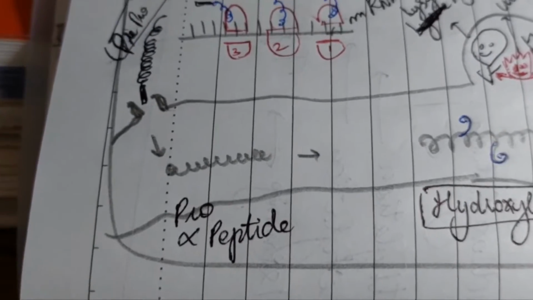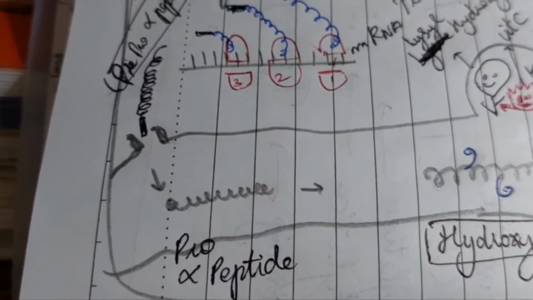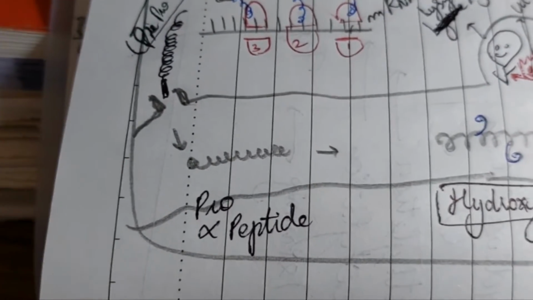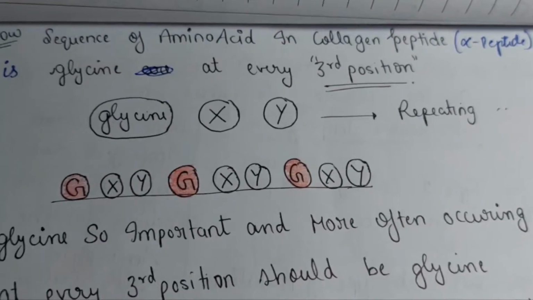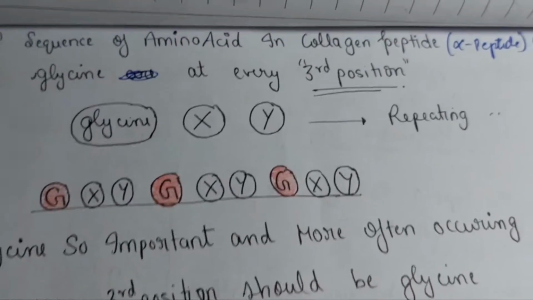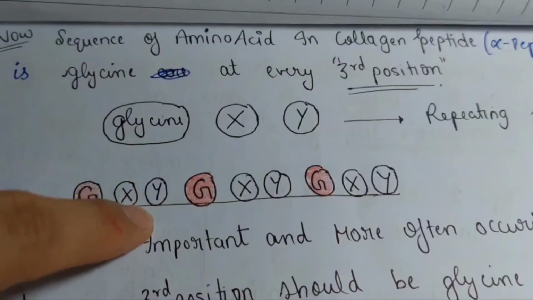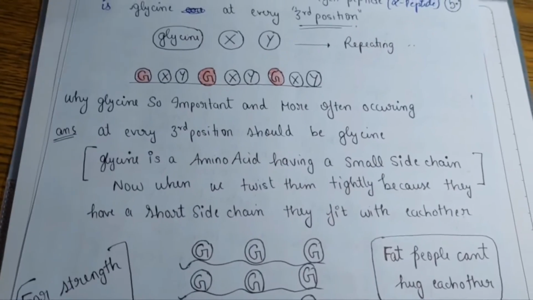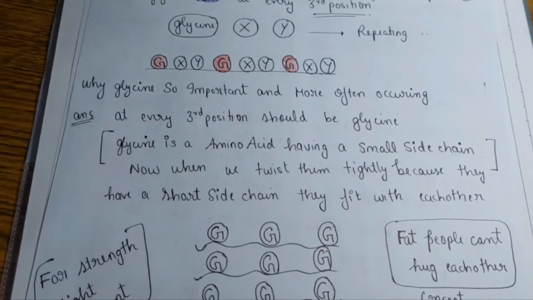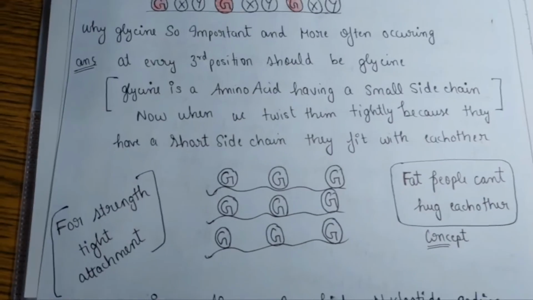Now we will discuss the sequence of amino acids within this alpha peptide chain or collagen peptide. The sequence of amino acids in the alpha peptide is such that glycine is present at every third position. For example, glycine here, X, Y, and again glycine, X, Y, again glycine. Now why is this so? Why do we have glycine present at every third position within the alpha peptide chain?